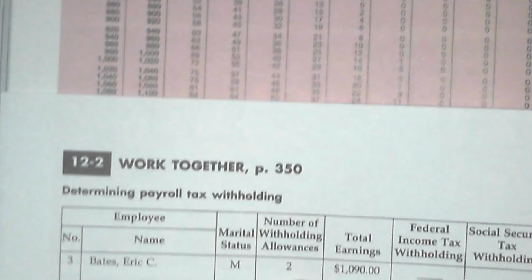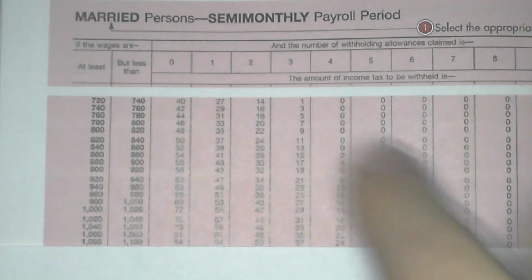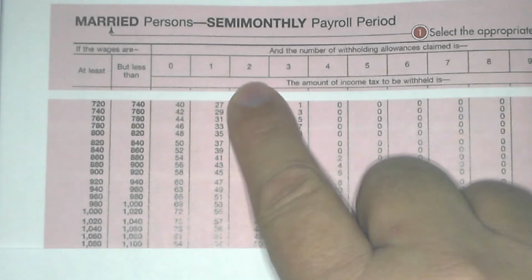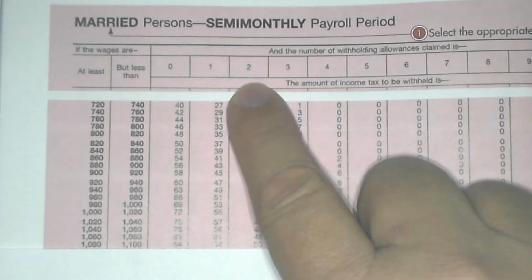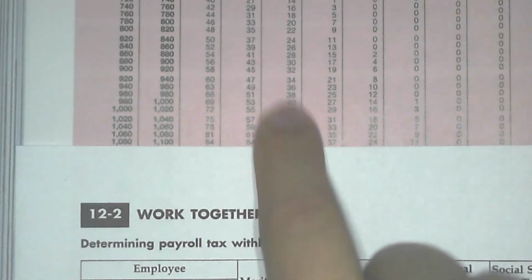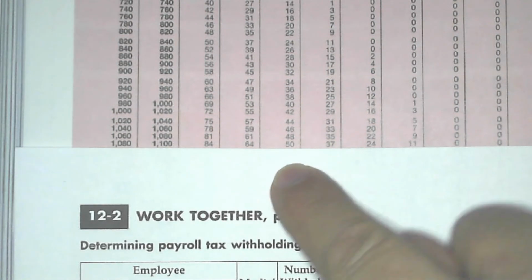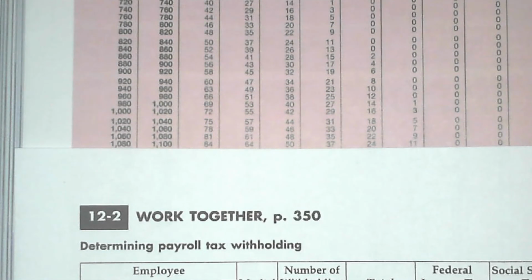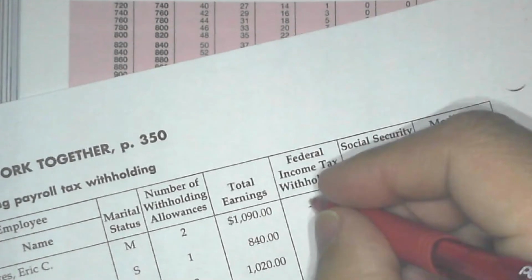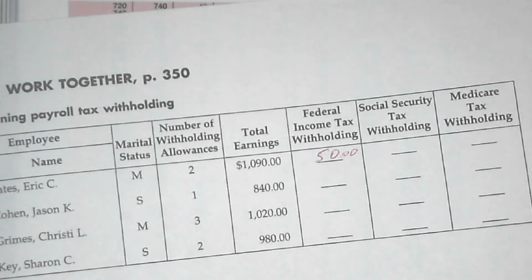Withholding allowances is 2. So that's our other column header. These are our allowances. So we got allowances 2. So we just go over to the 2. $50 is going to be taken out for federal income tax withholding. So that goes there.